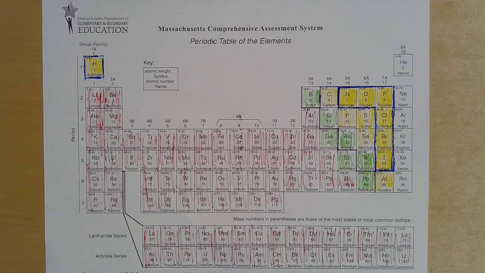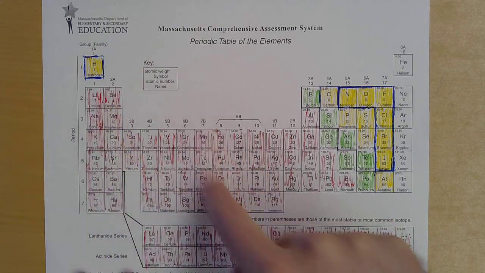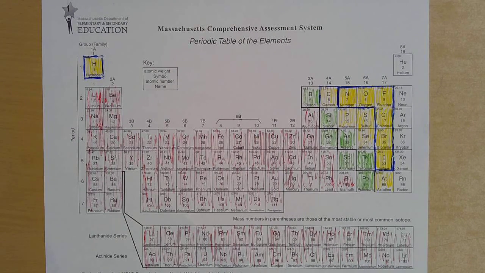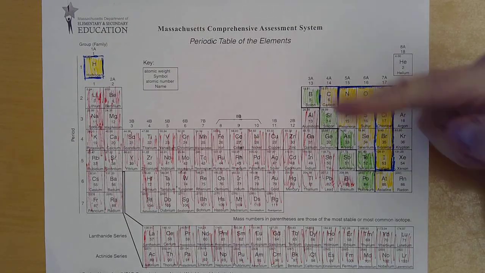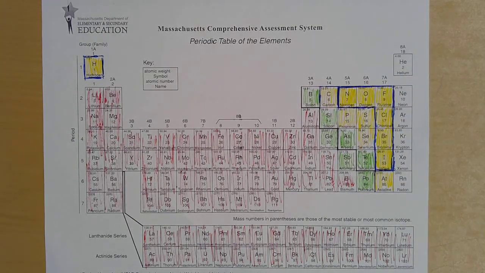But really what we want to know is that metals, the red, pass electrons very easily, while our nonmetals, the yellow, don't. Now the green things in between, we call those metalloids, but we're not going to pay particular attention to them yet.